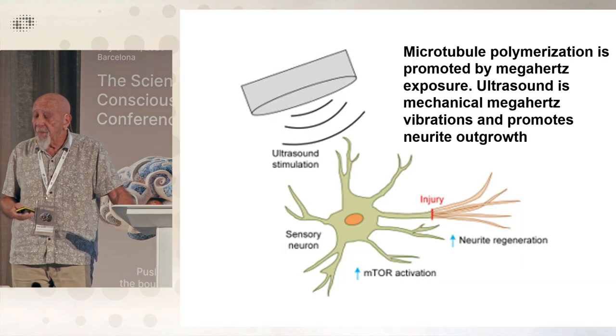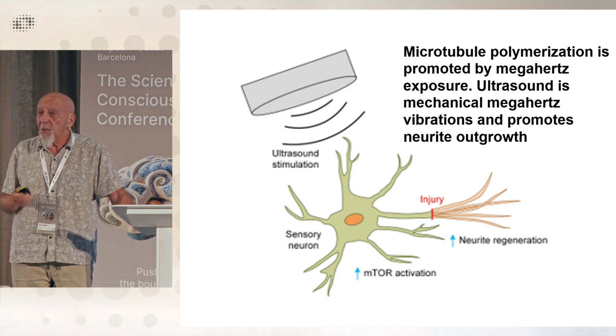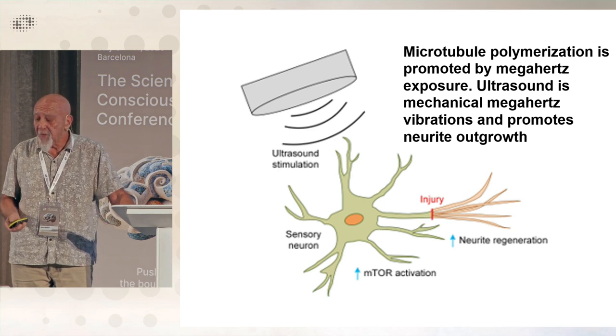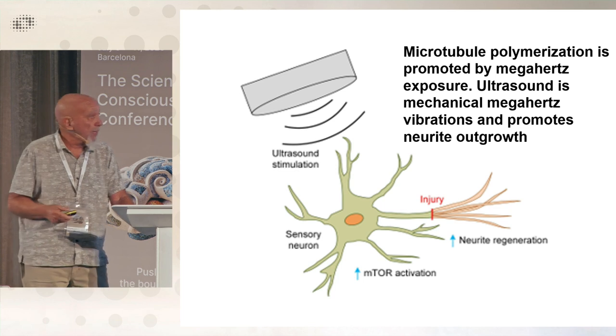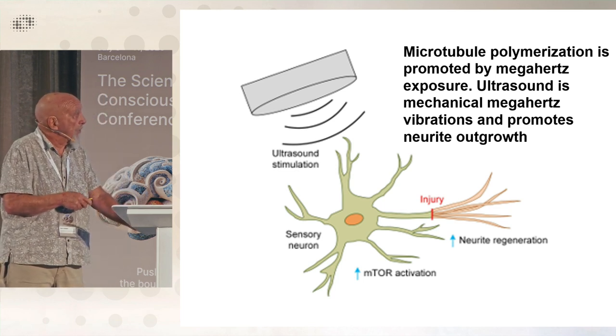And there's actually a fairly easy treatment, and that's ultrasound. Ultrasound is megahertz. As I mentioned, microtubules have megahertz. And in this experiment, and many others, this one from Wen et al., 2003, they had a neuron in culture. They cut one of the dendrites, or maybe that's the axon, I don't know.